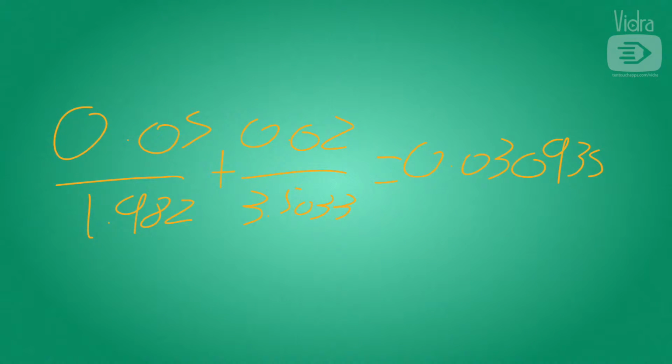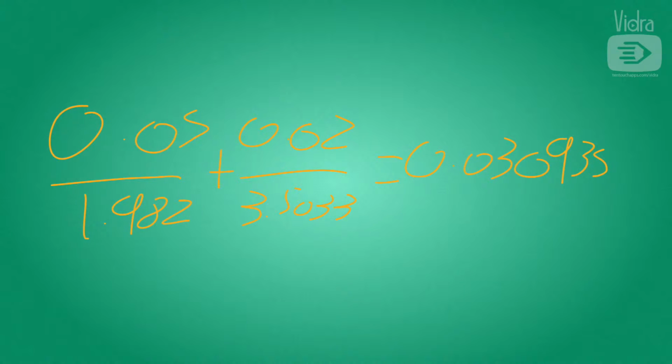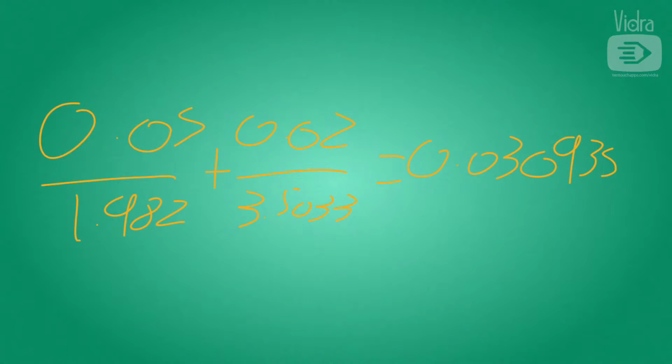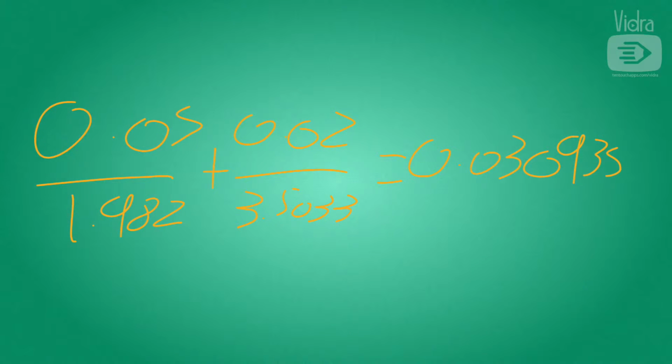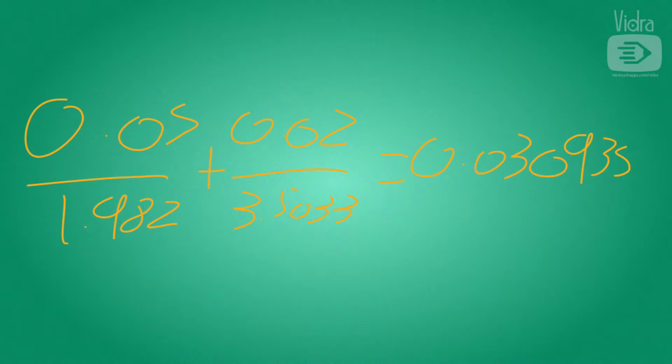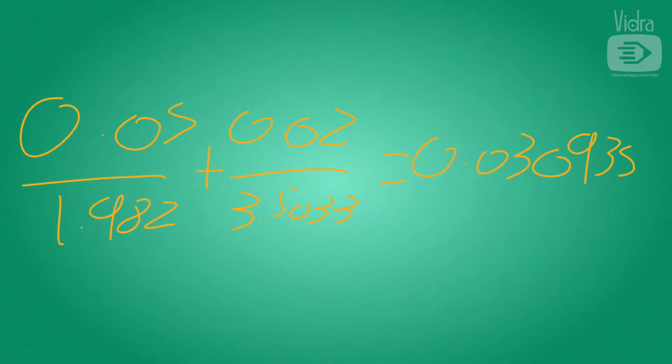Now, using the formula that was given to find the absolute uncertainty, we just plug in each part. The absolute uncertainty of A, that is 0.05, is divided by the value of A, that is 1.982, and this is added to the absolute uncertainty of B, which is 0.02, divided by the value of B, that is 3.5033.